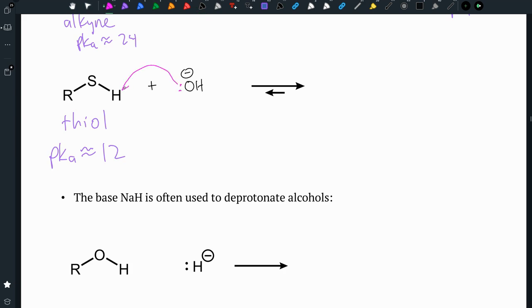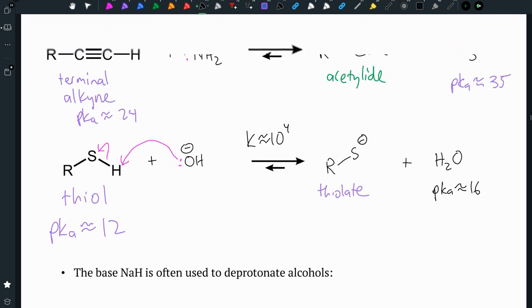Again, that'll do an acid-base reaction. That makes my thiolate, and it makes water. Remember, the pKa of water is about 16. So if I have a pKa of 12 and a pKa of 16, the K for this is about 10 to the 4th. Again, that's a big value, so it's going to turn almost 100% of my molecules into the thiolate, and I can then use them in my SN2 reaction.